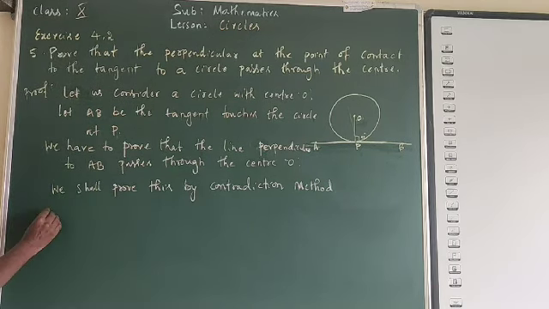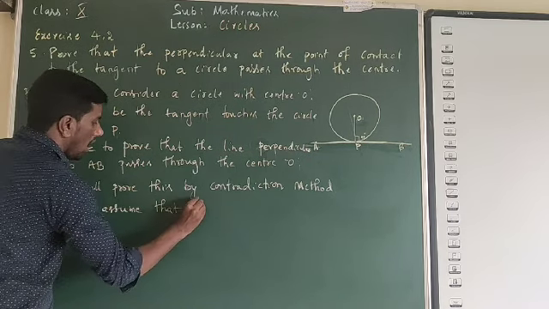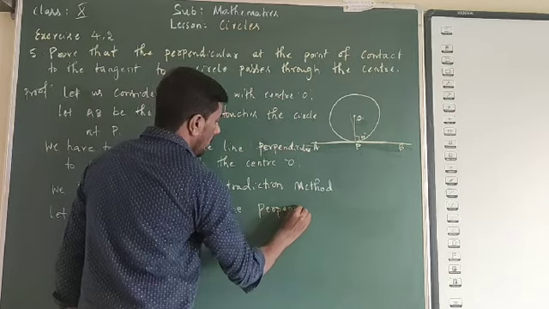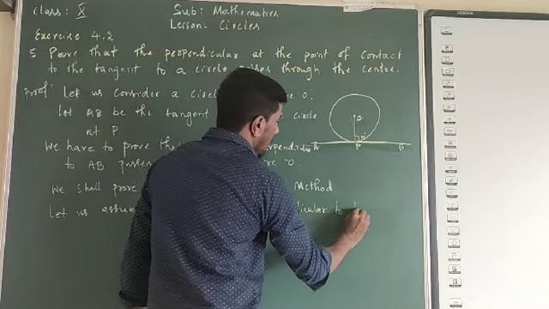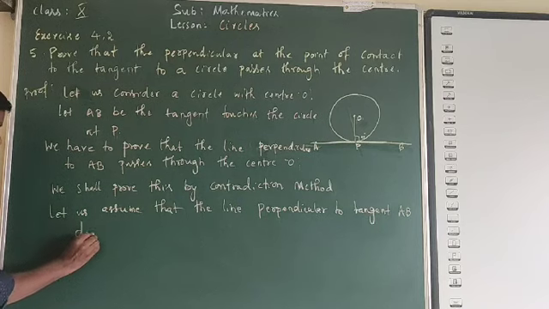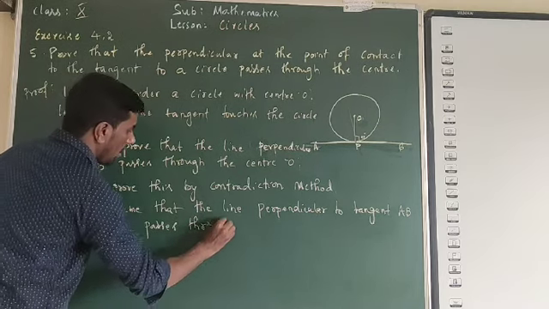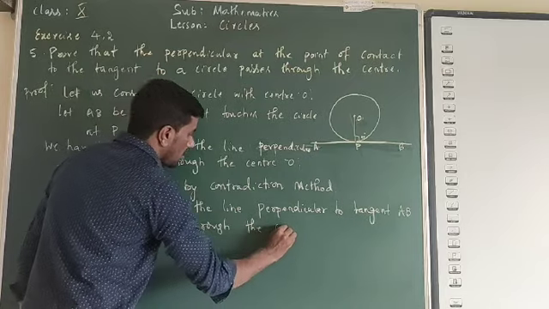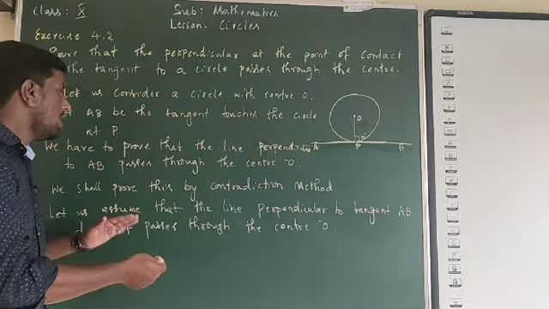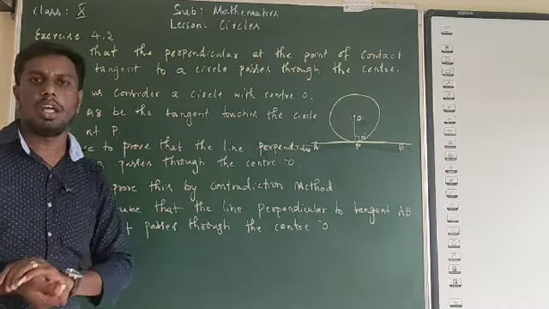So let us assume that the line perpendicular to tangent AB does not pass through the center O. We have taken the reverse manner. We need to prove that it passes through center O, but since it is a contradiction method, we take the reverse process.